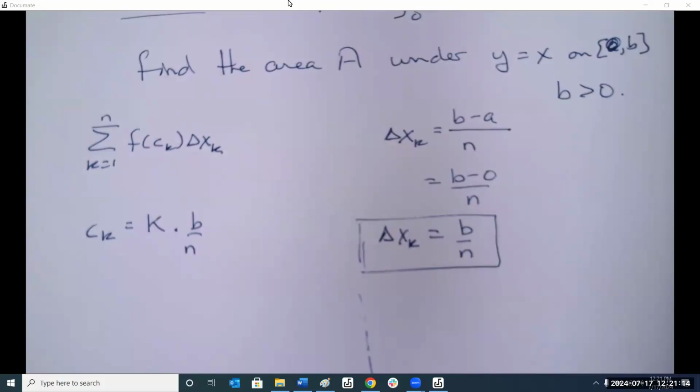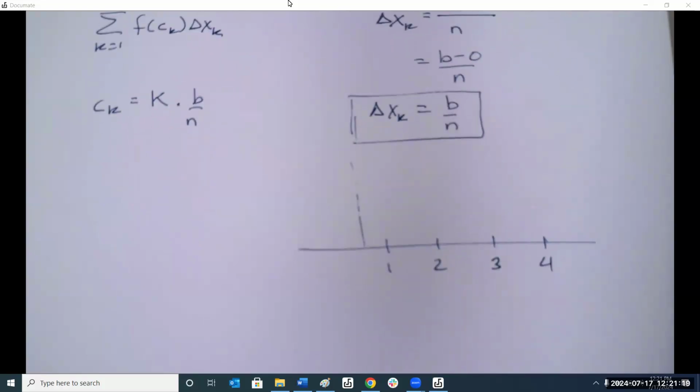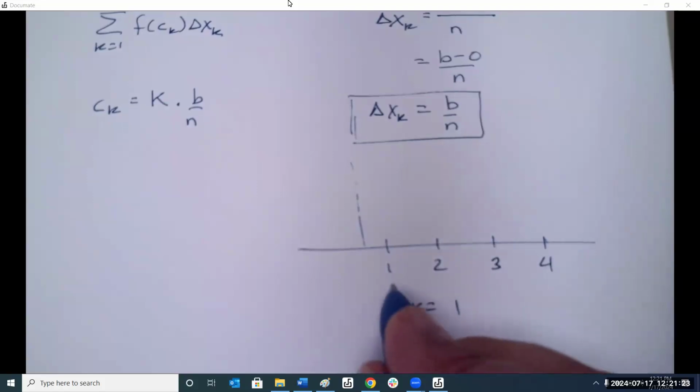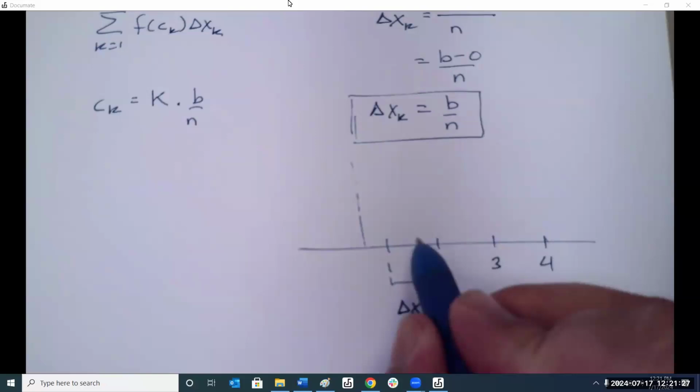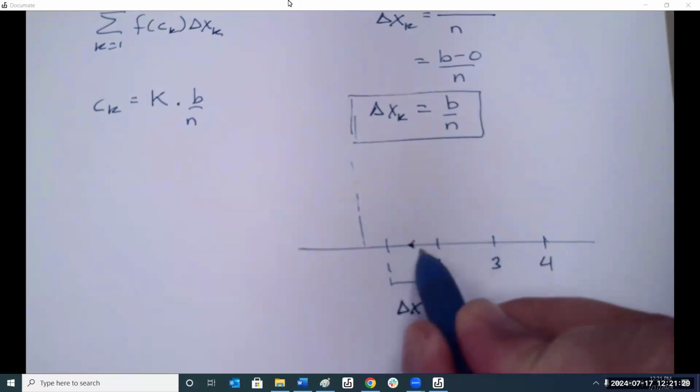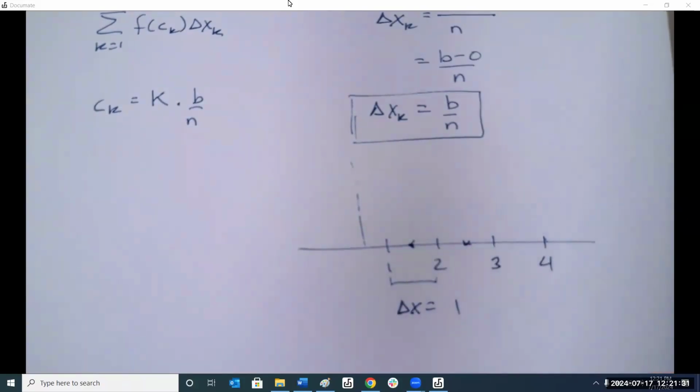If our delta x was 1, then how far is it from one midpoint to the next? It's also 1.